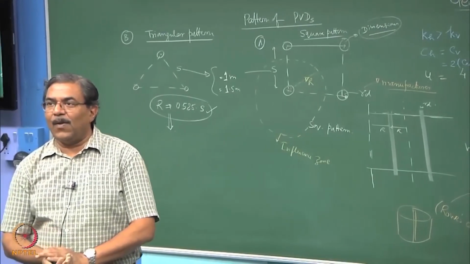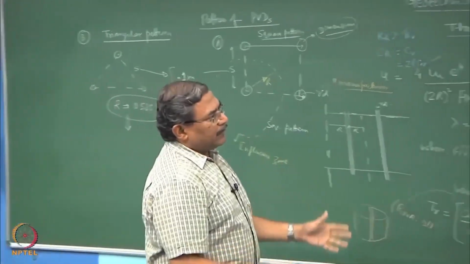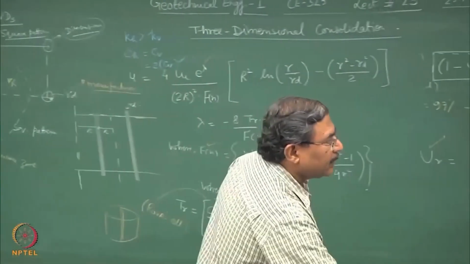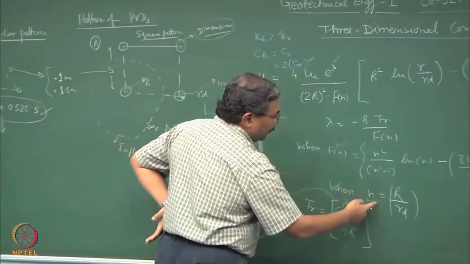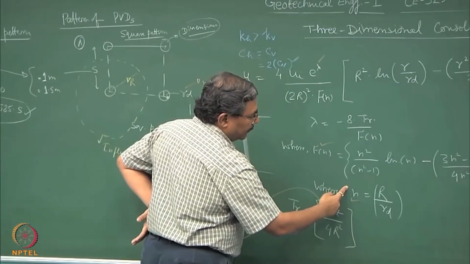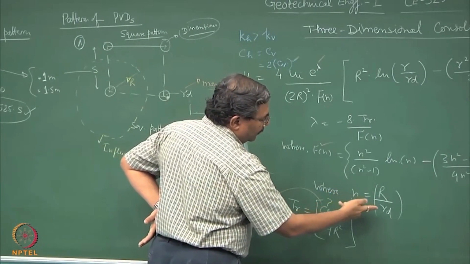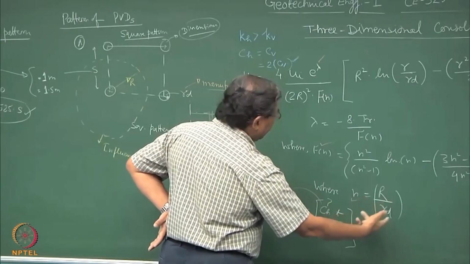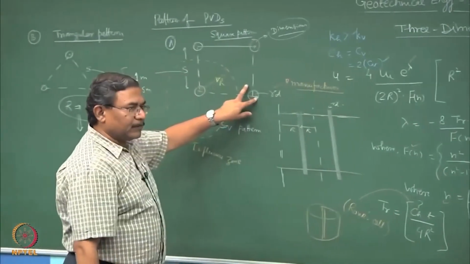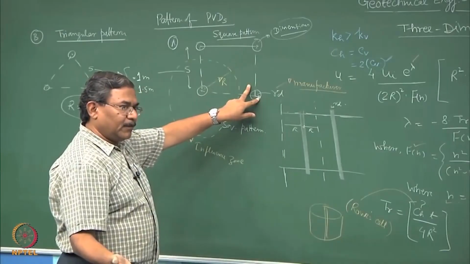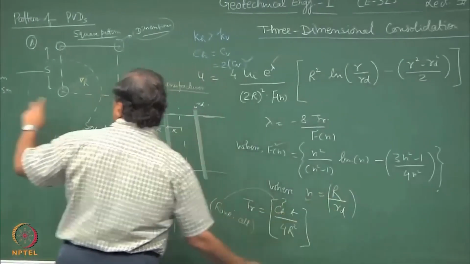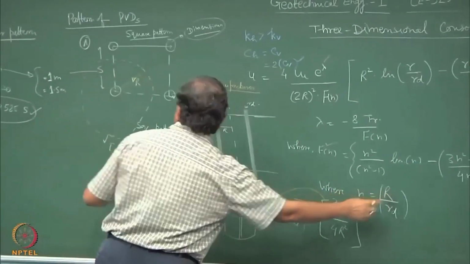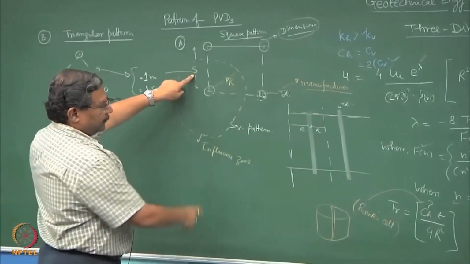Fine. Truly speaking, this is a process of optimization, because everything will depend upon the n value, and n will depend upon what type of drain I should be using, what should be the radius of the drain and its properties. So, if I know Rd, if I know the spacing, because R is also a function of S, you must have noticed.